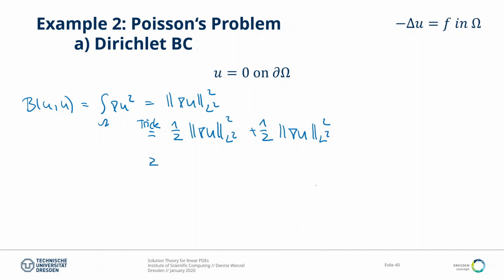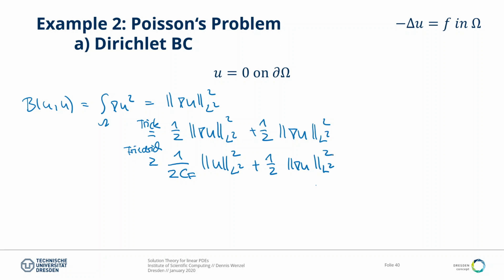Then you apply Friedrichs inequality to one of those two parts. This gives you that you can bound this from below by the function values, so the L2 norm of the function values. So this is 1 over 2 times CF times the L2 norm of u squared, plus this other part, which just stays the same as it was.